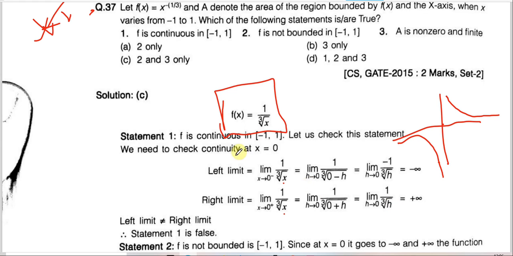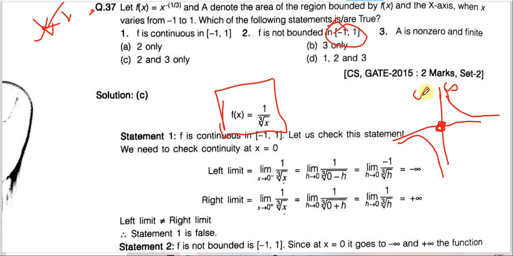So f of x is continuous in minus 1 to plus 1. No, how is it continuous? Here it is differentiable, here it is discontinuous, and it is not bounded in minus 1 to plus 1. Yeah, it is true, because it is not bounded. We will say bounded only if it is coming out to be infinity only.